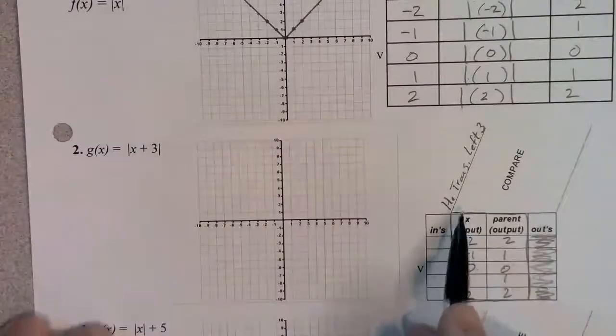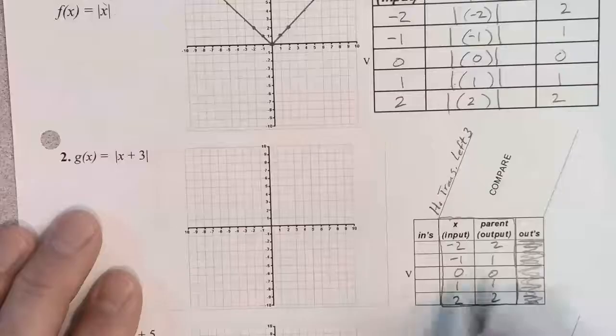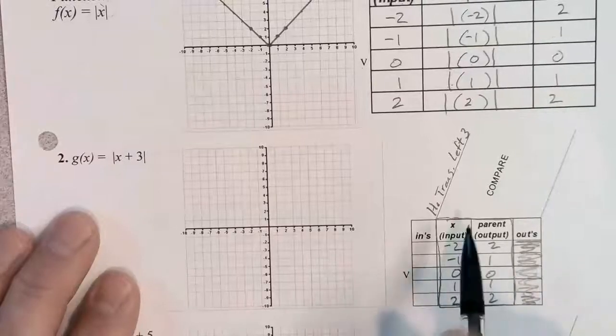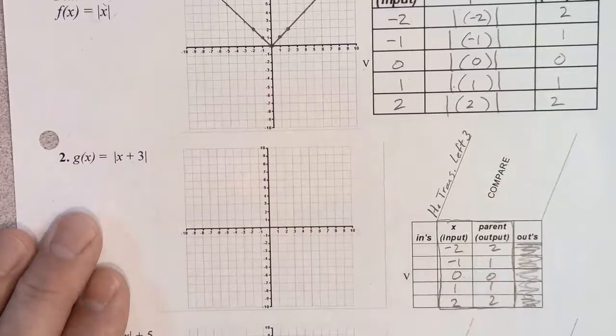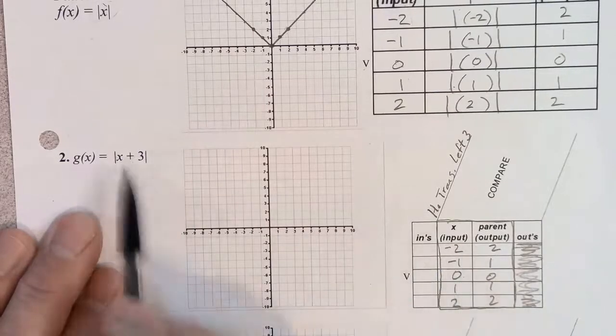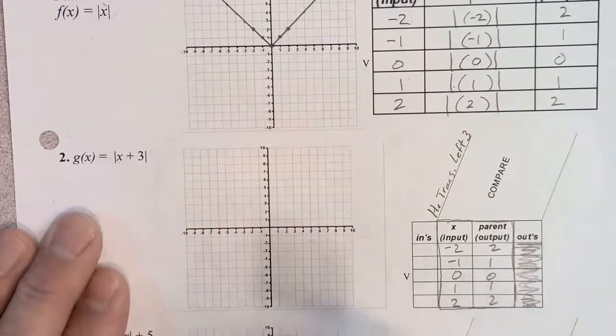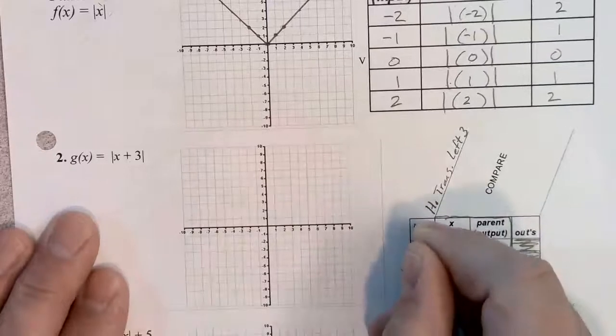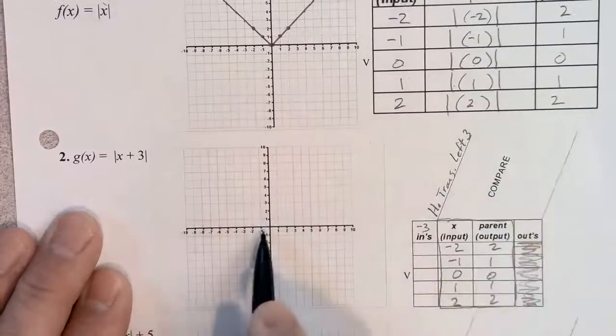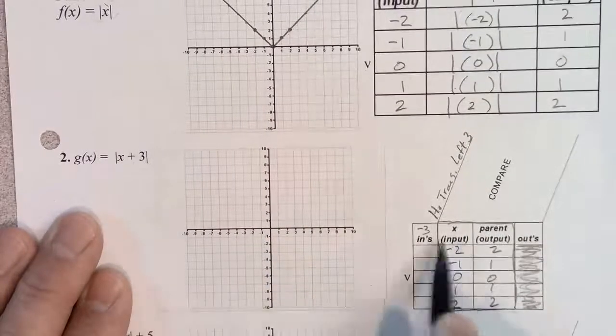Okay? So I'm going to change only my inputs. Inside only affects the inputs. The outputs aren't going to be affected. They're going to stay. When I move it to the left, I am subtracting 3 graphically. I'm moving left 3. I'm subtracting 3.